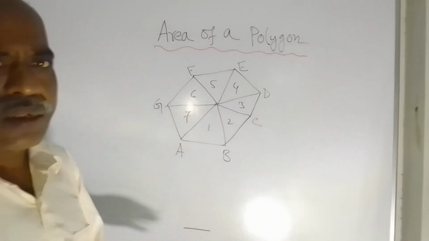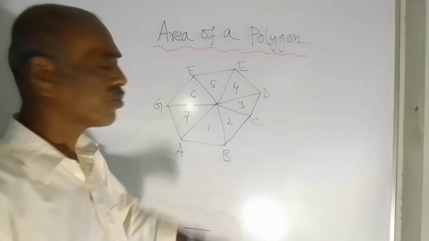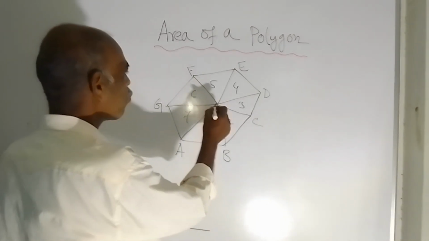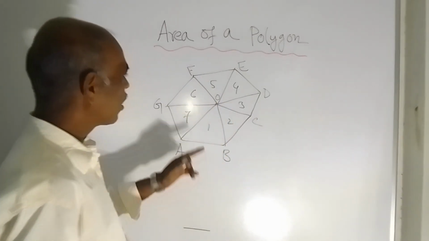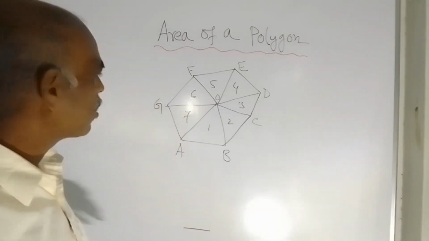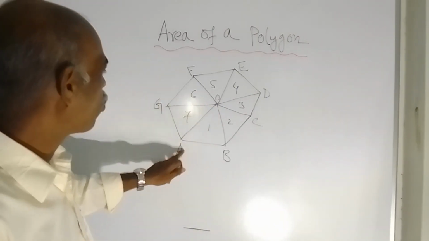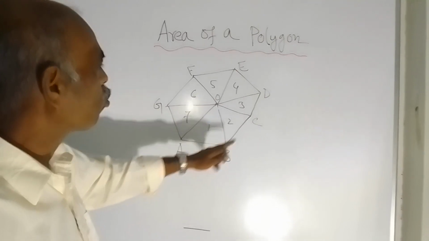So you calculate just areas of all the triangles. Okay, say this point is denoted by O. So the area of the polygon is equal to area of the triangle OAB plus area of the triangle OBC, like that.